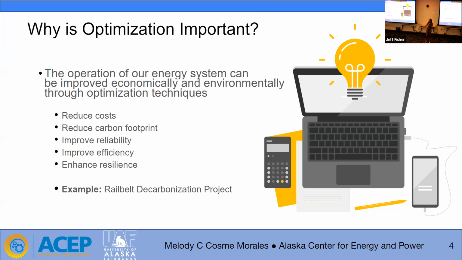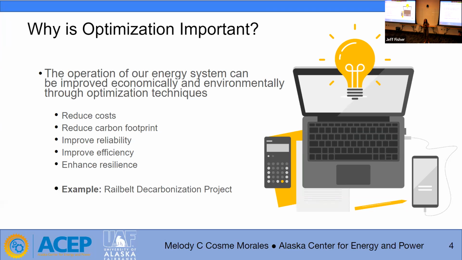So why is optimization important? Why are we doing this? The operation of our energy systems can be improved economically and environmentally. Optimization analysis is always good and is also aligned with the ACEP visions in different kinds of projects.